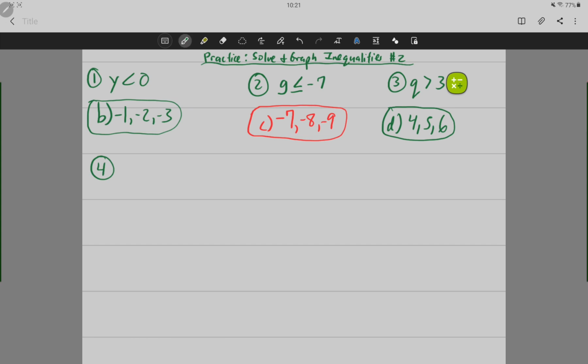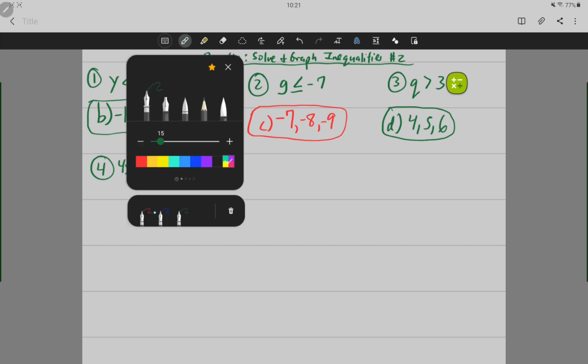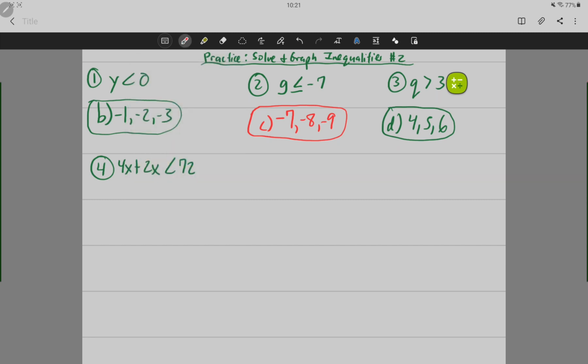This one says 4x plus 2x is less than 72. So before we do anything, what we should try to do first, well, inequality symbol, let's draw the line. Again, this line separates terms on the left side of our inequality, positive 4x and the positive 2x, from the term on the right, which is positive 72.